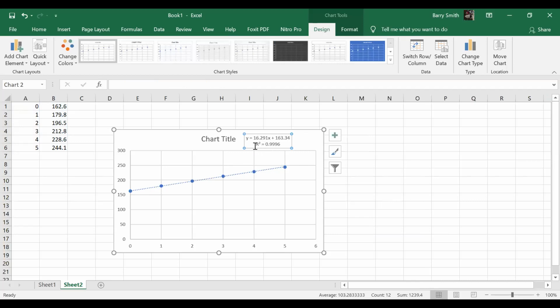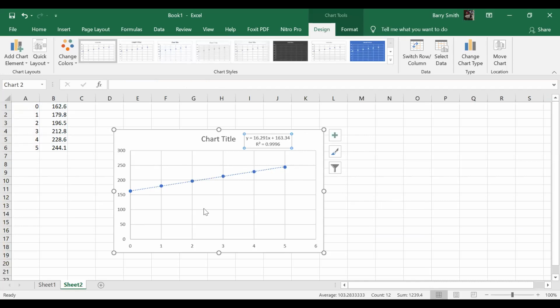Both of them are 16.291 and 163.34. They both have the same numbers, and so we look good there. And that's how we can get it with Excel as well as the calculator.